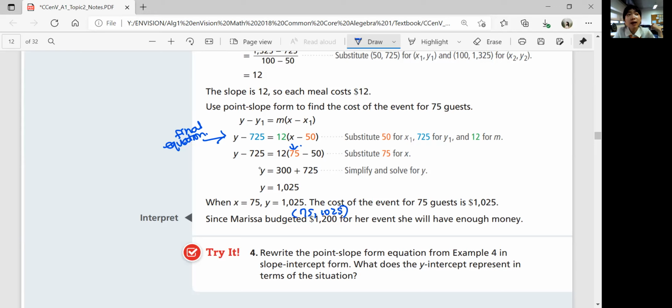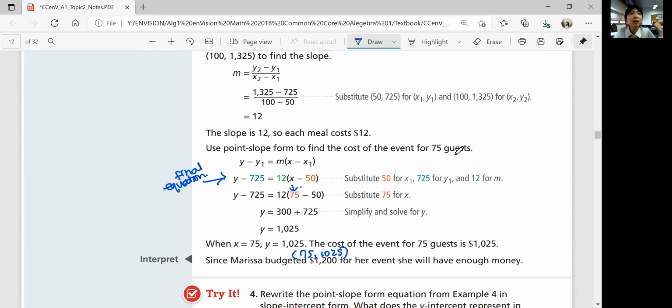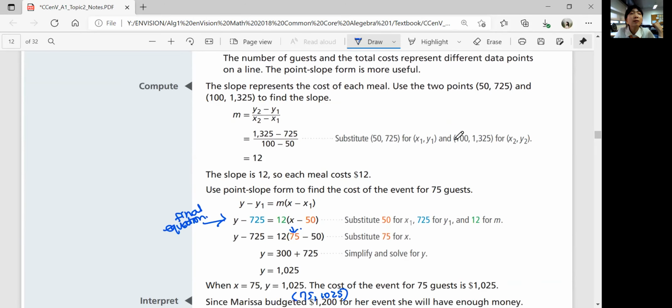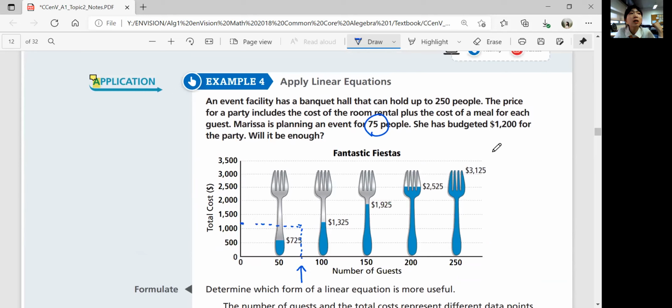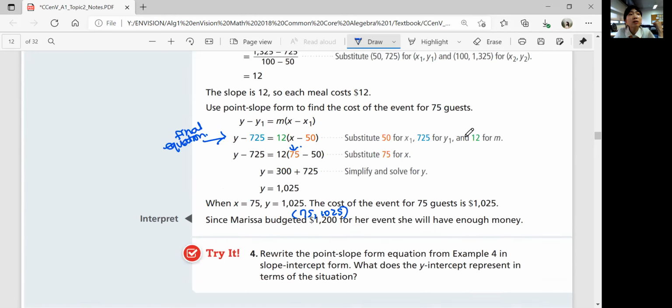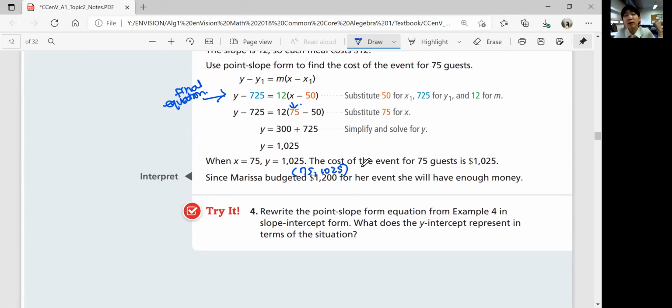The cost of the event for 75 guests is $1,025. Is Marisa going to be able to cover that? She budgeted $1,200, and that should be enough to cover $1,025. So she will have enough money, is the conclusion.